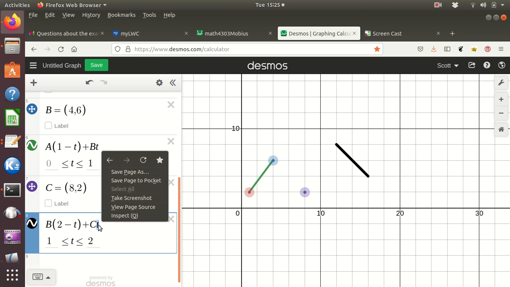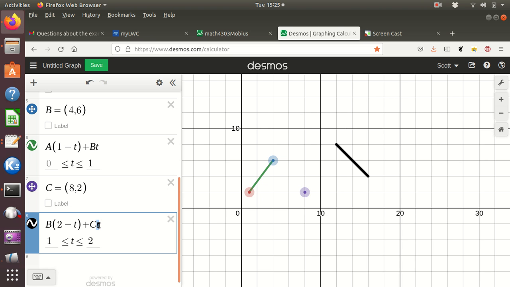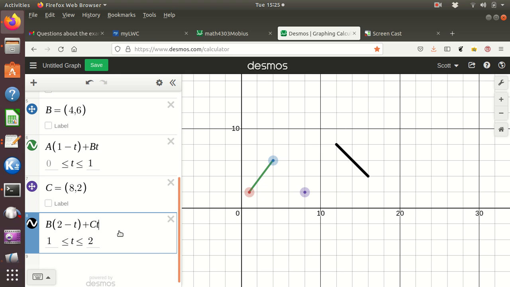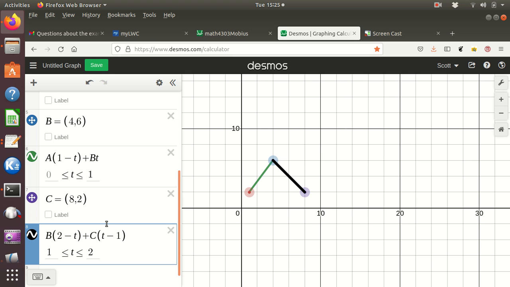When t was 0 this was 0, whoops, and when t was 1 it was 1. I keep clicking stuff, sorry. So how do I make this go from 0 to 1 again? Well, if I just take t minus 1, well, I need to put it in parentheses.